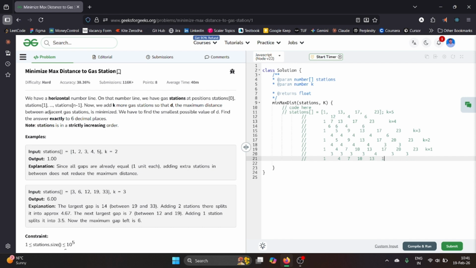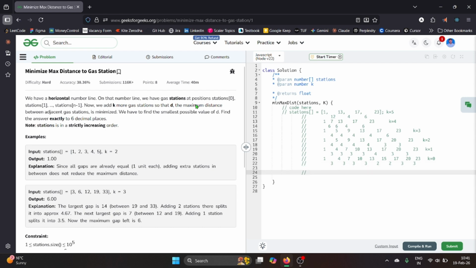Next there will be the 15 position, next the 17 position, next 20, and 23 position, and all the stations have been put. So here the distances are 3, 3, 3, 3, 2, 2, 3, and 3.